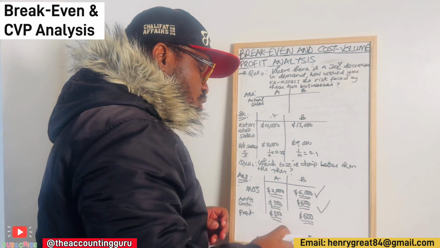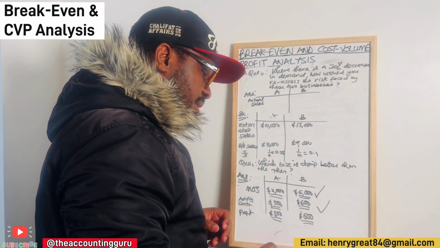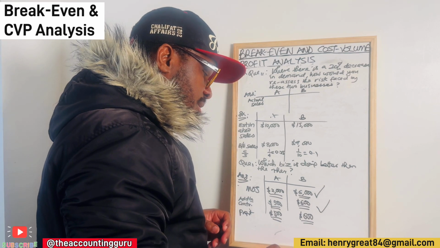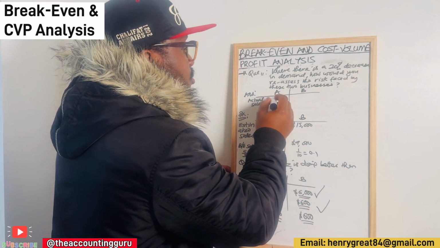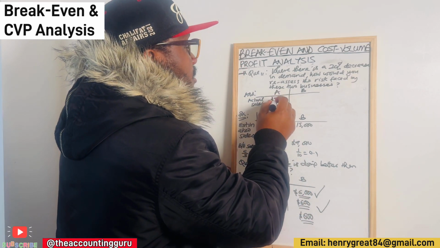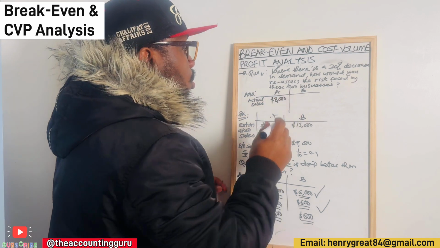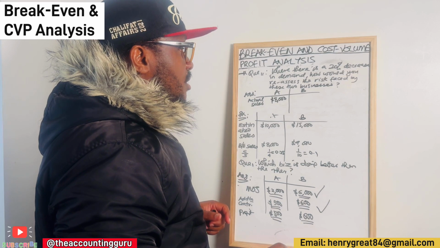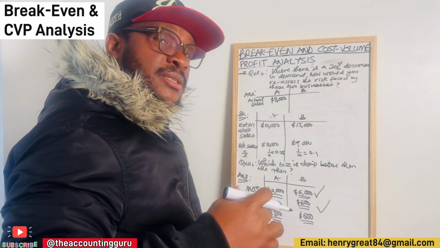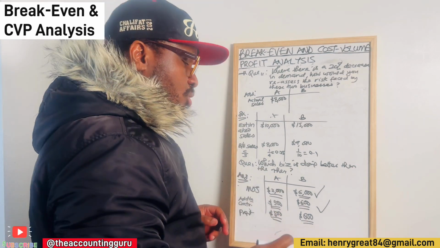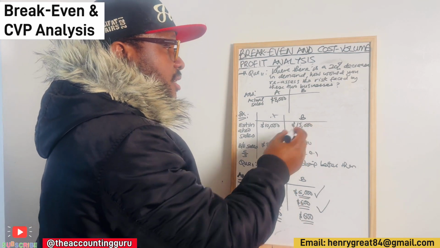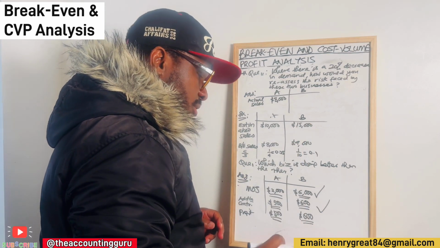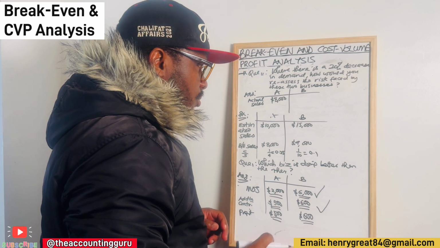All right, so just do 0.8 times 10,000 for business A. You're having $8,000. What will now be the actual sales for business B following the 20% decrease in demand? Just do 0.8 times $15,000. All right, that should give us $12,000.